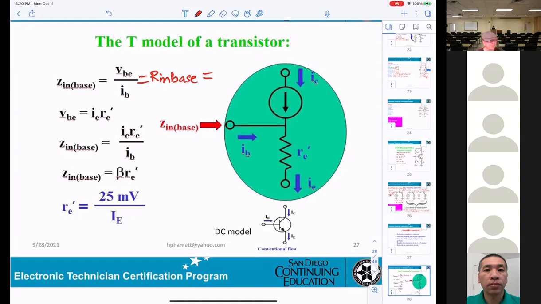Sometimes they use R in base, sometimes they use Z in base. Z is the impedance, same thing as resistance. If I gave you the meter and said, I want to measure the R in base or Z in base, how can you connect your meter? High side where, low side where?